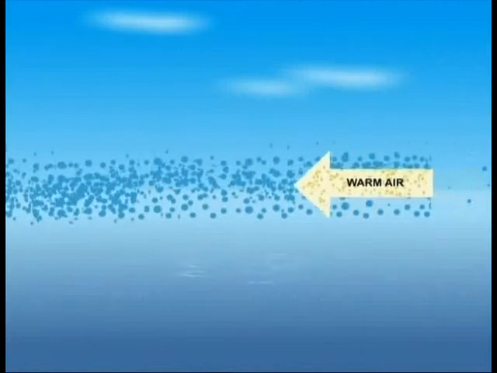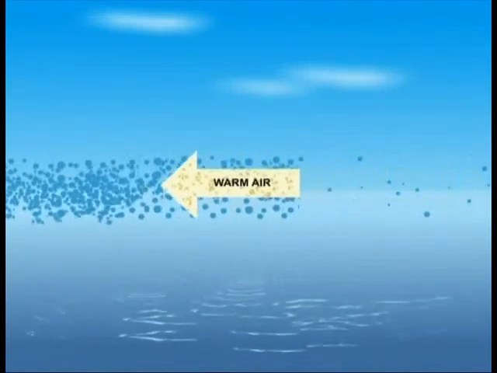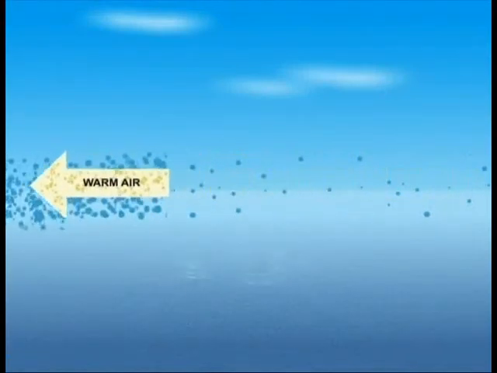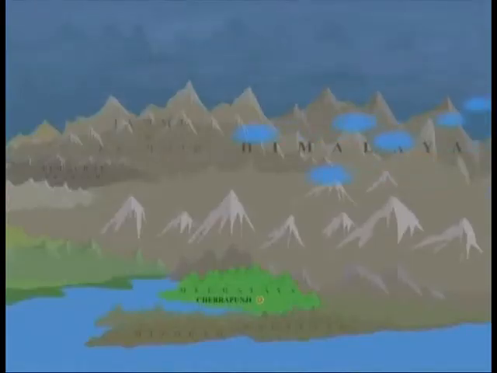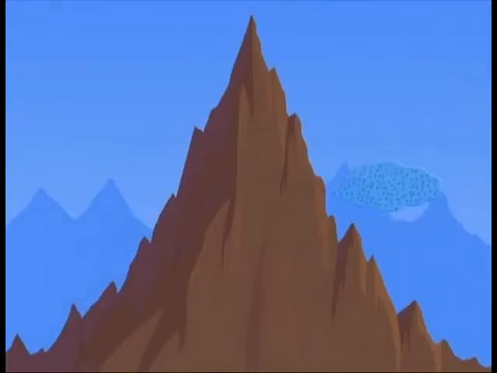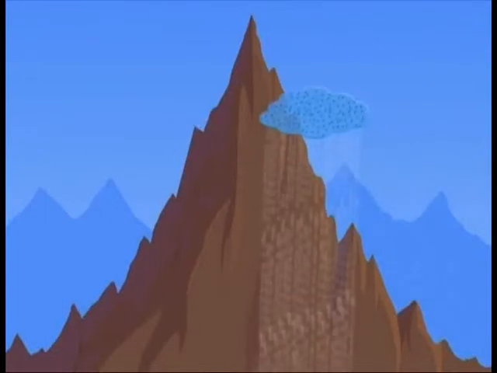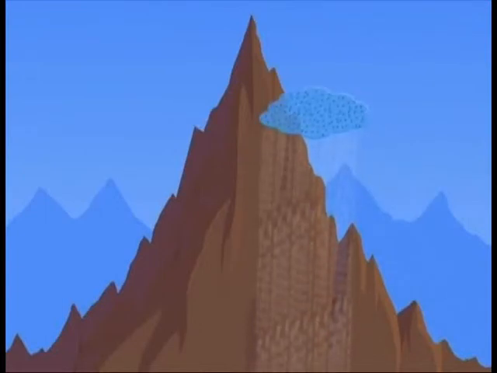These warm winds absorb millions of tons of water from the ocean. As they travel up the southern slopes of the Himalayas over Cherrapunji and other places, they cool and release water in torrents of rain. But rainfall can only reach a maximum at a certain height, and then it starts to decline.